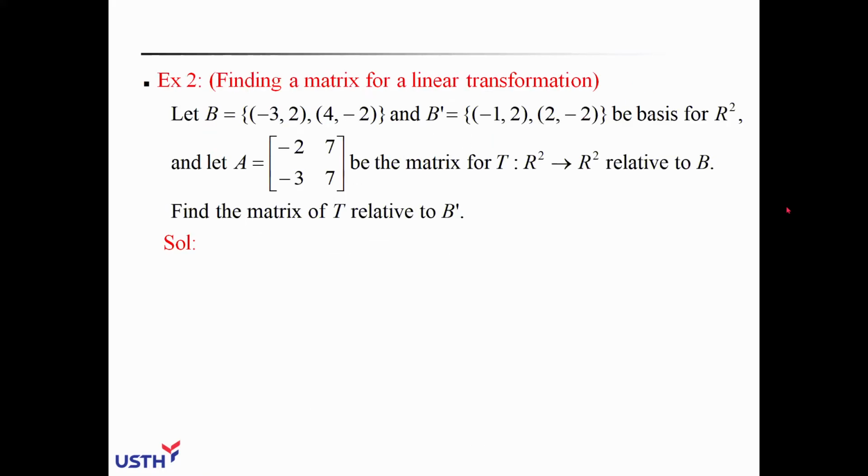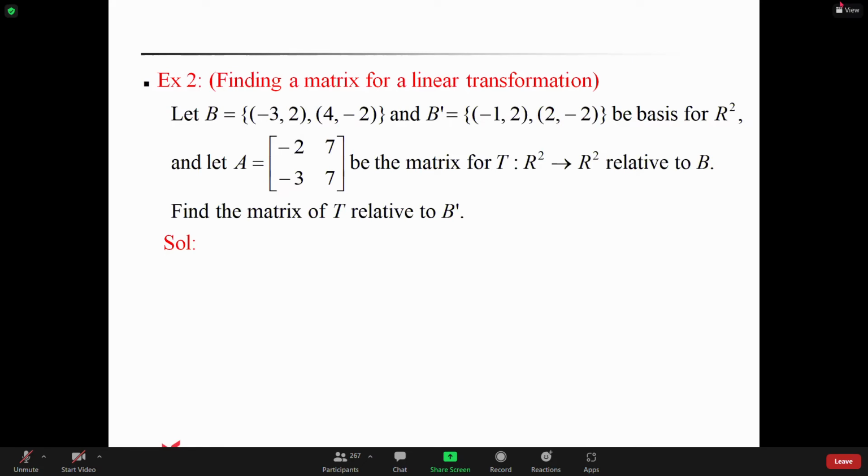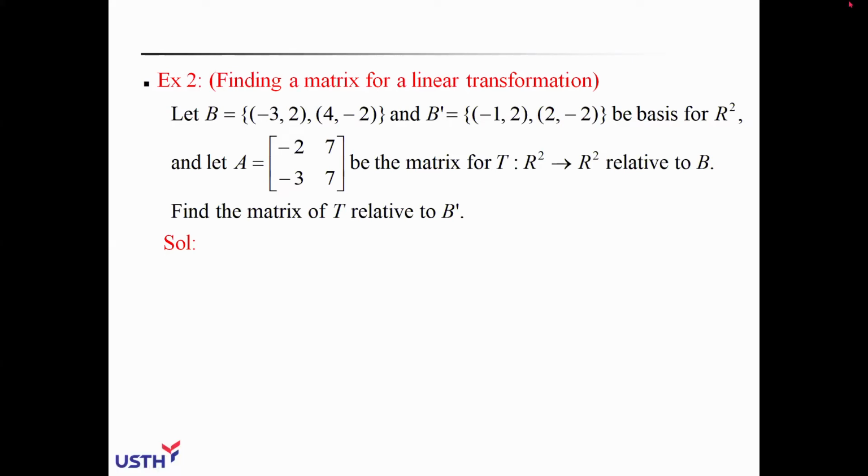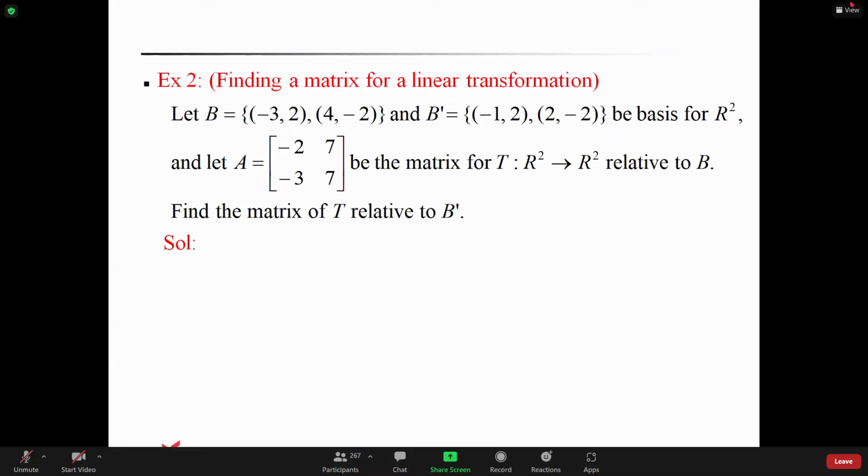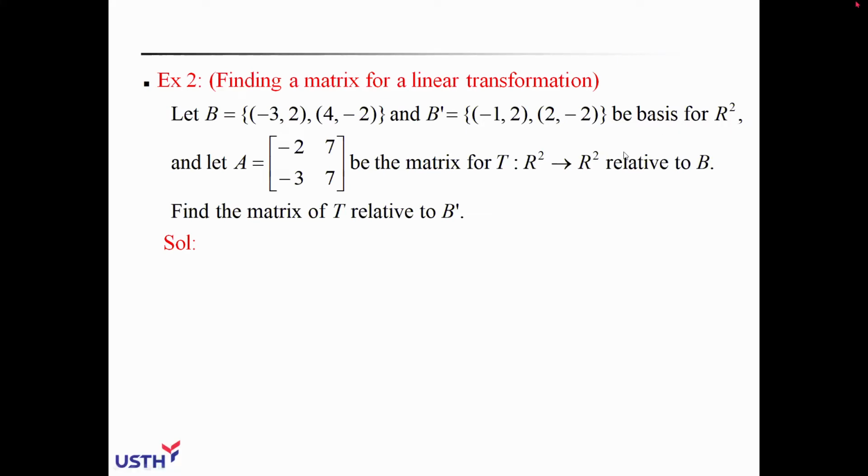And here are some more exercises, some more examples. Suppose that you are given two bases B and B prime of R2. B to be that one and B prime to be that one. Suppose that they both are bases for R2. And suppose that we know already the matrix for T relative to the basis B is that one.